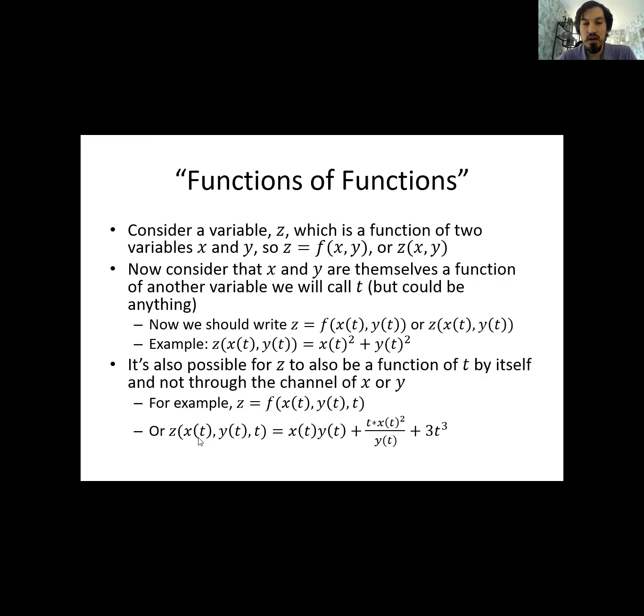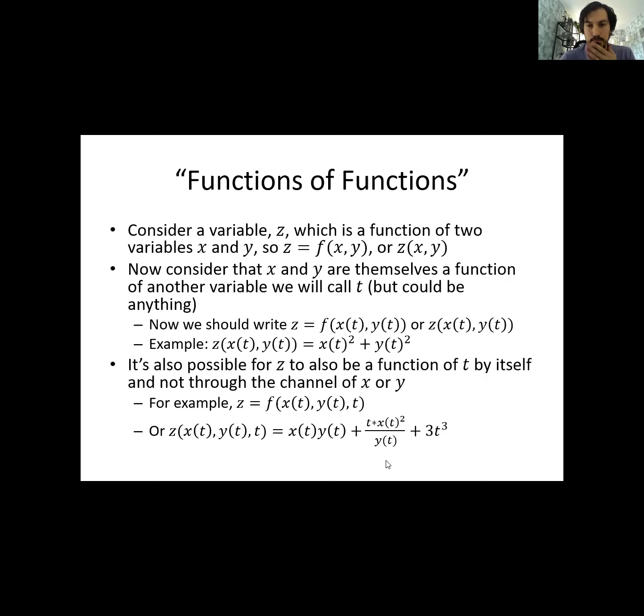Here's an example of a function z that now has three arguments, x, y, and t, where I've just written them out: x times y plus t x squared over y plus 3t cubed. This is an appropriate relationship between z, x, y, and t.